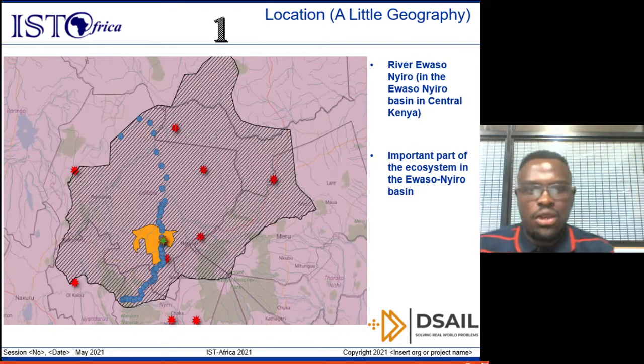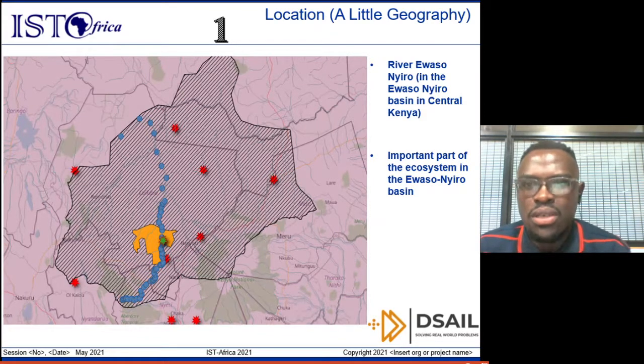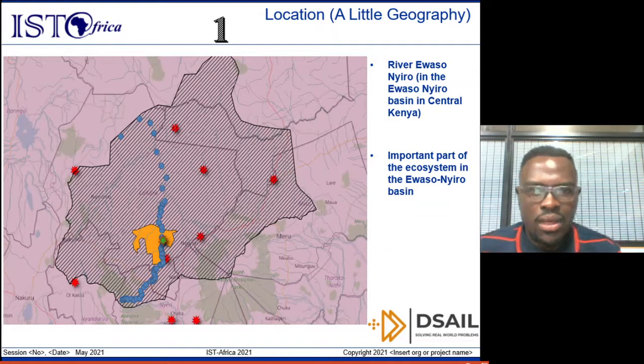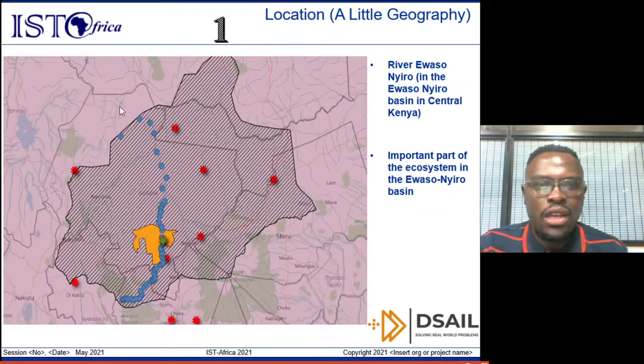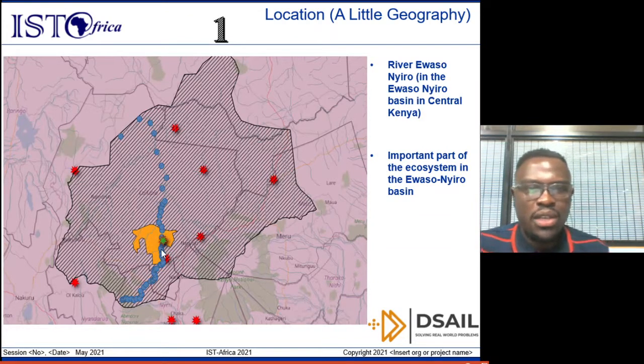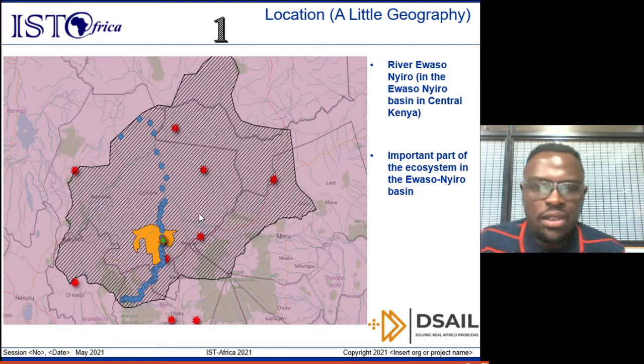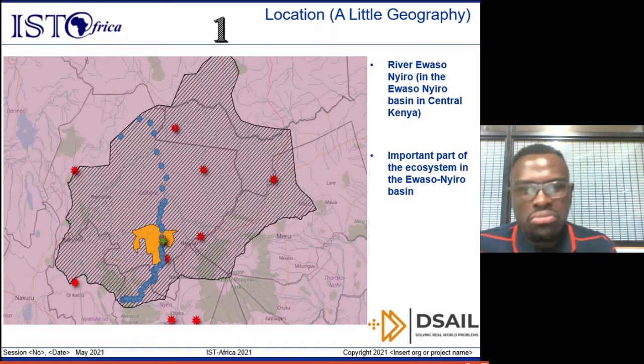Now a little bit of geography here. River Ewaso Nyiro is located in the Ewaso Nyiro Basin, in central Kenya, and it also extends to the eastern part of Kenya. The river snakes its way through the basin, as you can see on the image on your left. The yellow patch there is the Ol Pejeta Conservancy in the river basin. That's where we deployed our systems.